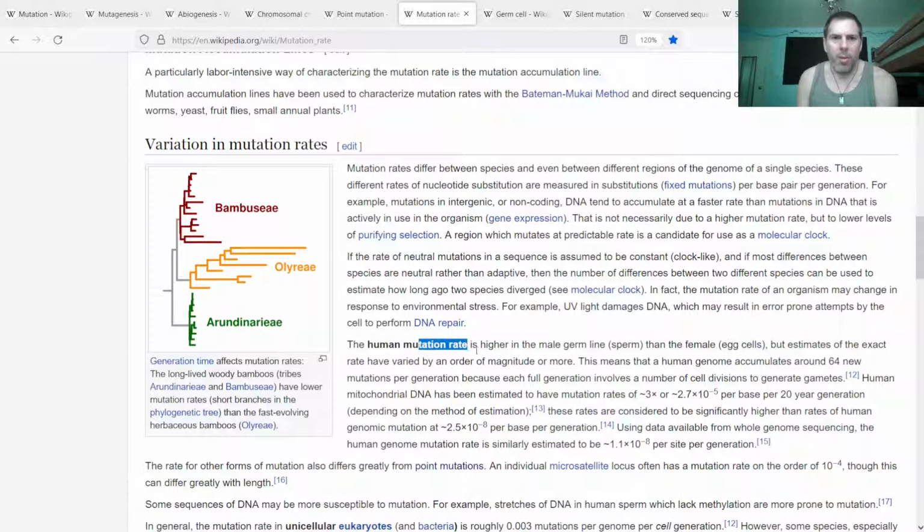The human mutation rate is about 64 new mutations per generation. You got DNA from your parents, all shuffled around through crossing over of chromosome sections. But looking at just the single point mutations, you're looking at about 64 changes from your parents' DNA.